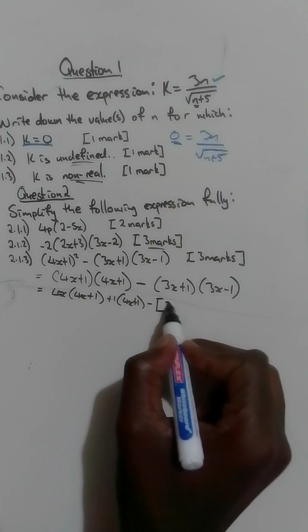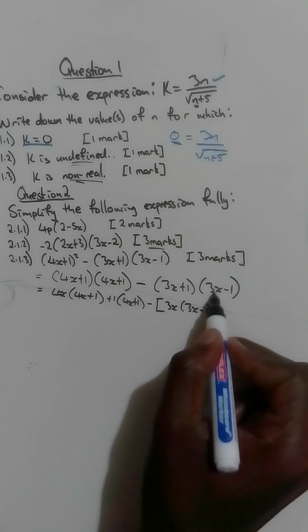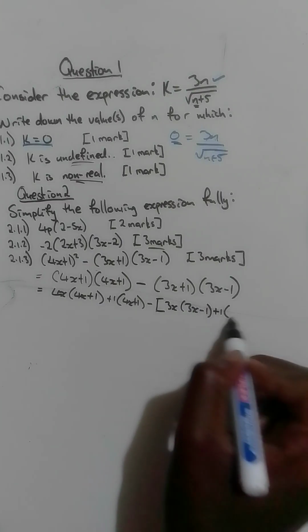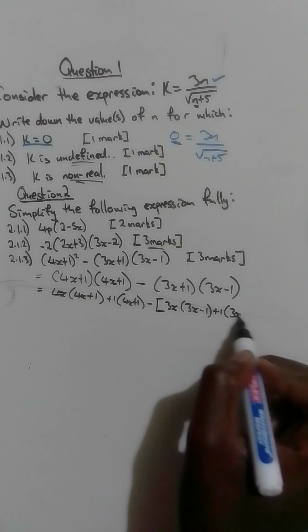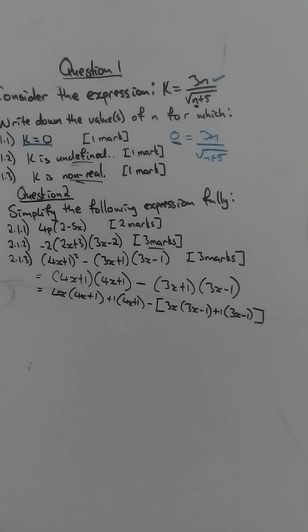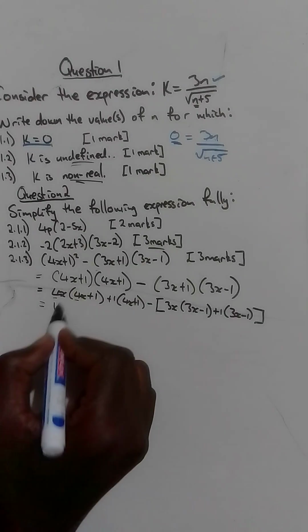So I take 3x, I open the bracket, I'm going to multiply it by this binomial of 3x minus 1. I take the positive 1, I'm going to multiply it by the binomial of 3x minus 1. I've distributed, I close my square bracket. Now, on the next stage, I now say 4 multiplied by 4, that's 16.